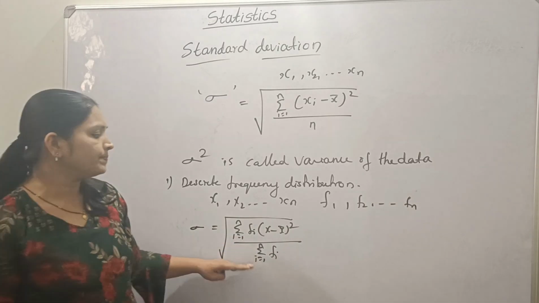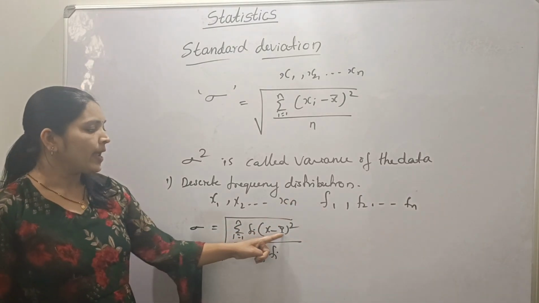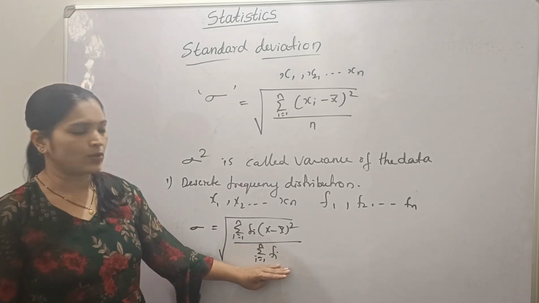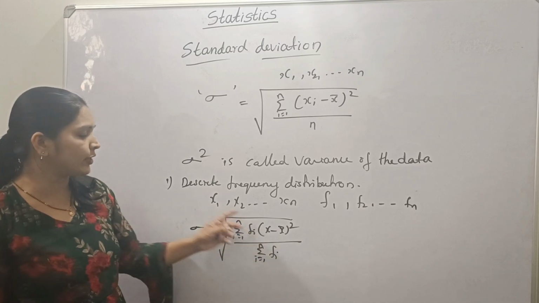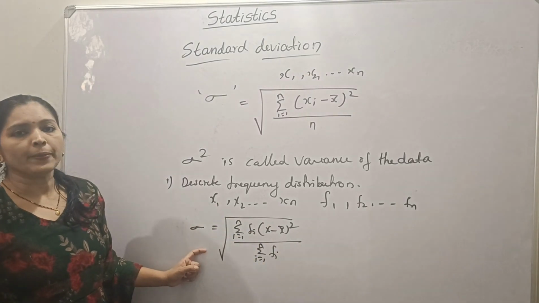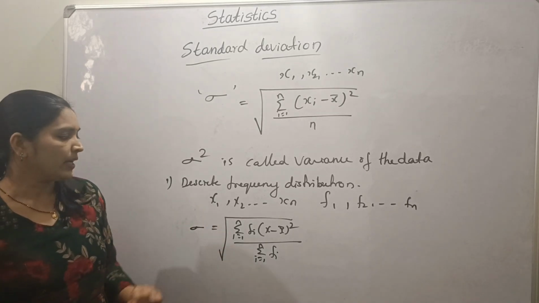Here fi is the frequency, x bar is the mean, and the denominator is the sum of frequencies. It is all inside the square root. When you take the square of this, it becomes the variance, sigma square, the variance of the data.